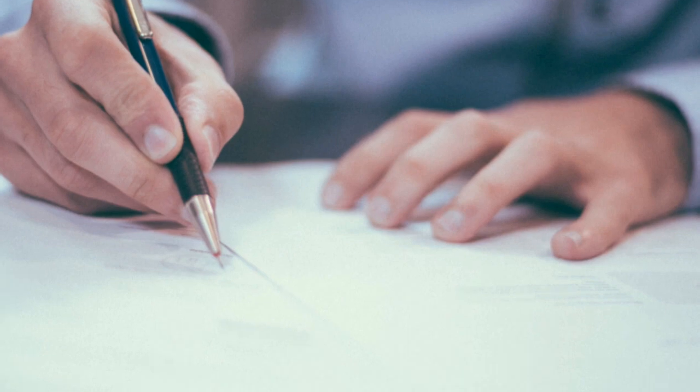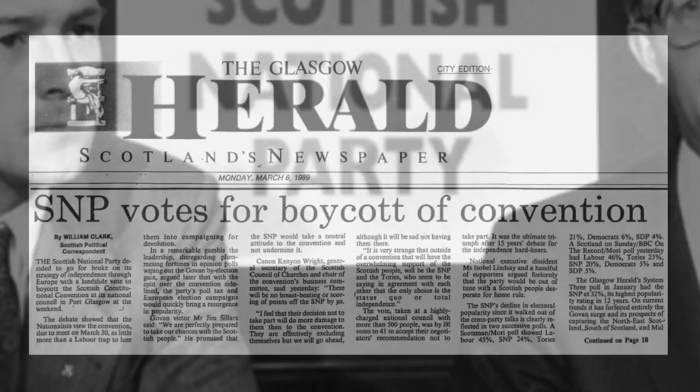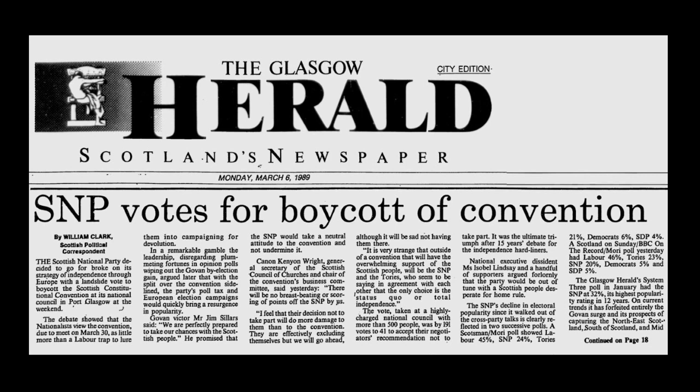It included the signatories of a future Prime Minister Gordon Brown, a future Chancellor of the Exchequer Alistair Darling, and 2 leaders of the Liberal Democrats, namely Charles Kennedy and Menzies Campbell. Noteworthy is the fact that the Scottish National Party didn't sign it. And the reason for this is that whilst the claim asserted the sovereign right of Scotland to choose its own form of government, it was under the somewhat contradictory precondition that the government itself wouldn't be sovereign.